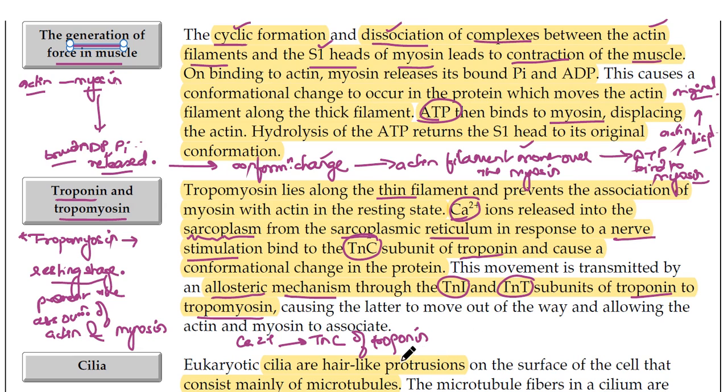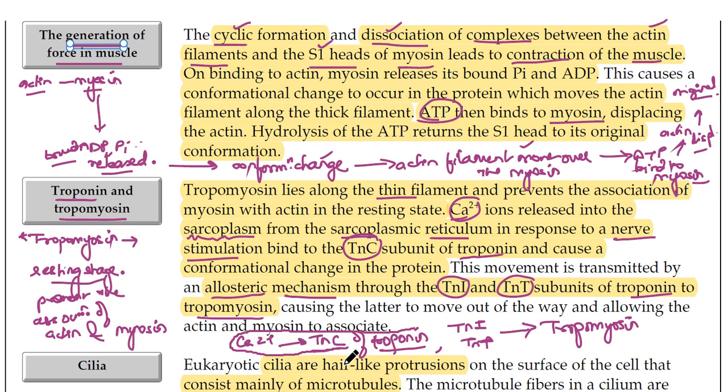So once the conformational change occurs in the TNC subunit of troponin, then through the TNI and TNT subunits of troponin, this mechanism is transmitted to tropomyosin.